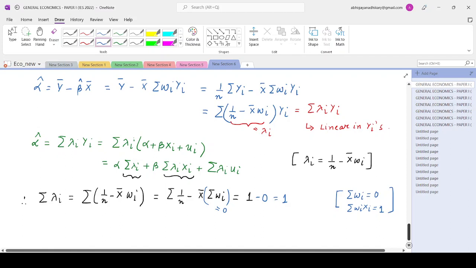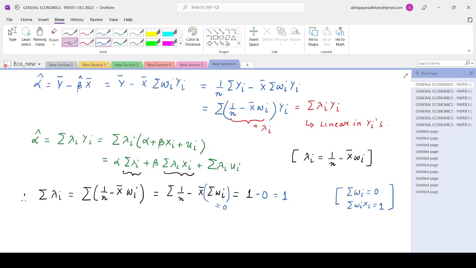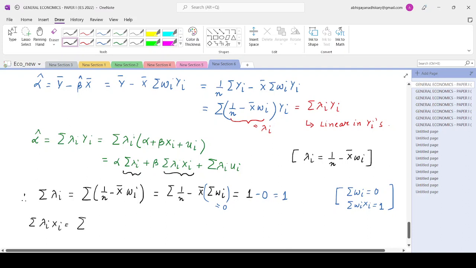So summation lambda i has been obtained, and now coming to summation lambda i xi. That is summation of 1 by n minus x bar wi, into xi. So that is 1 by n summation xi, minus x bar summation wi xi.